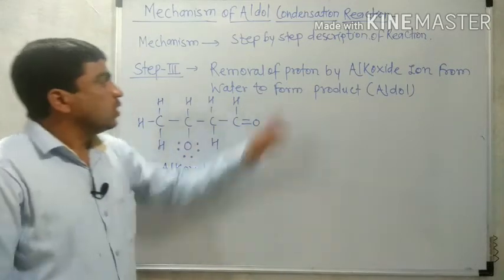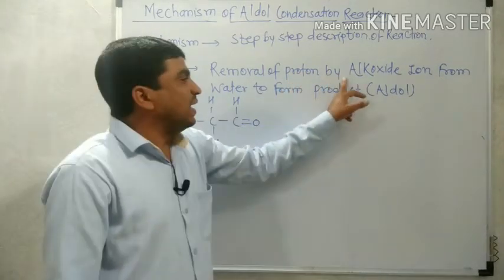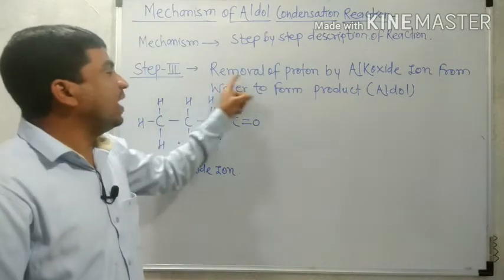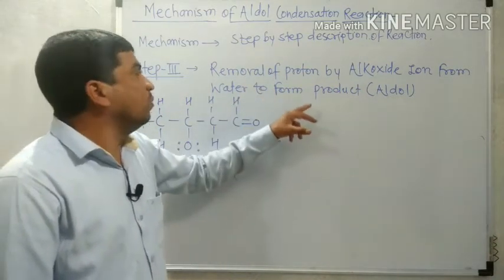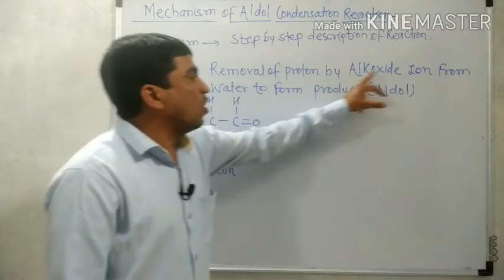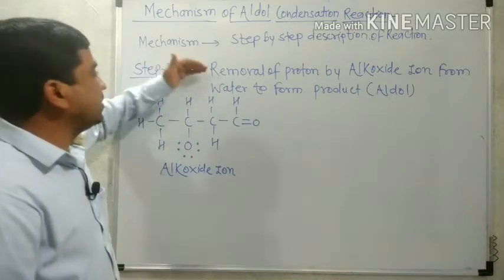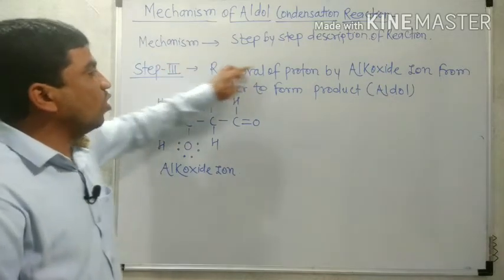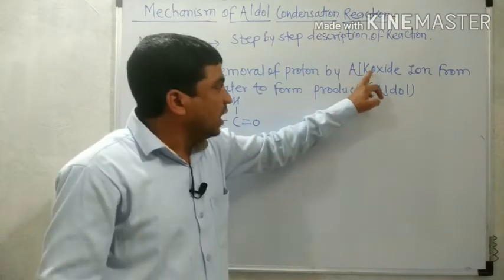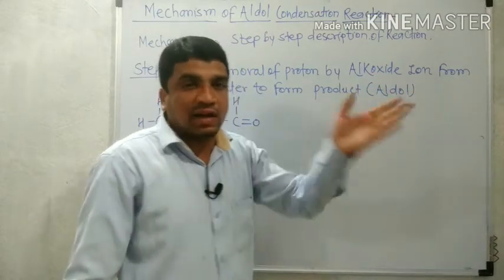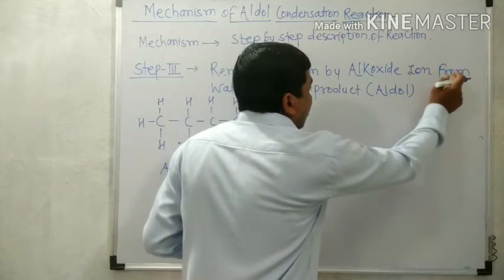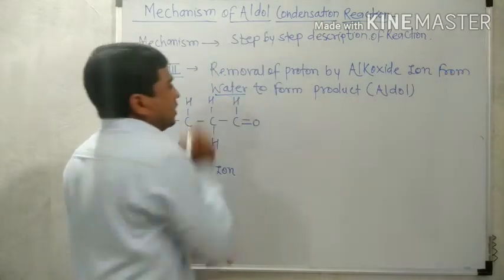The alkoxide ion formed in the previous step removes that proton from water.